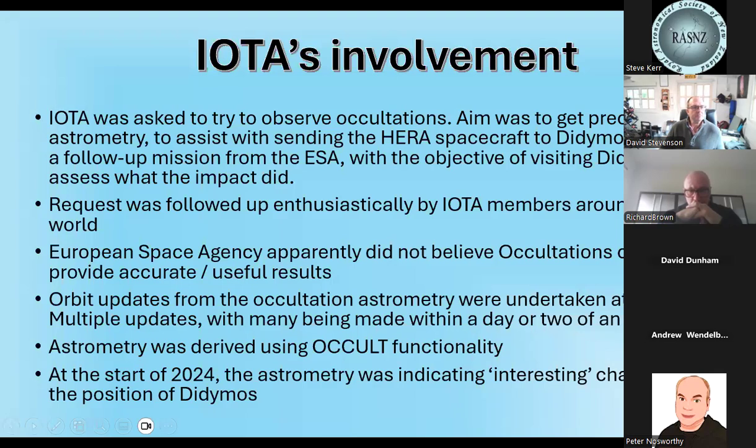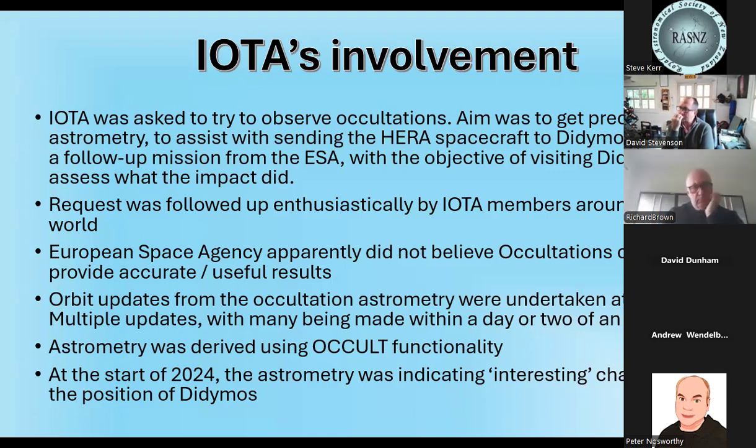Now, IOTA's involvement in this: we were asked to try to get accurate astrometry from it, tied up with a European Space Agency probe, which was launched late last year.